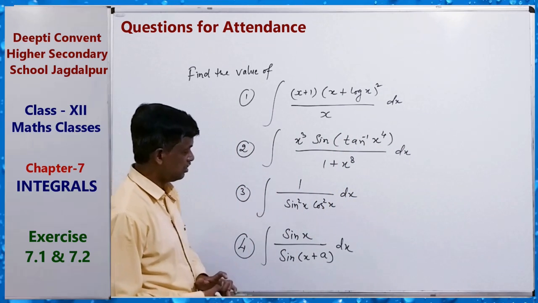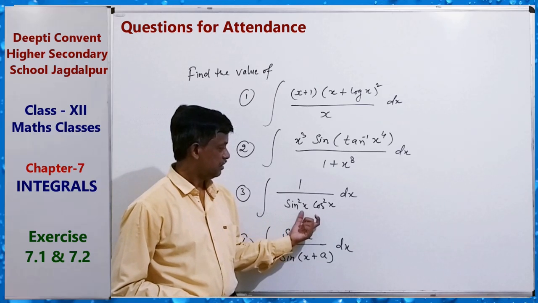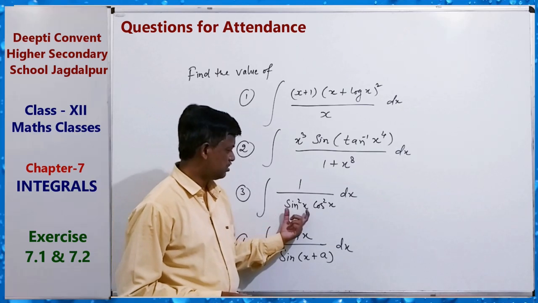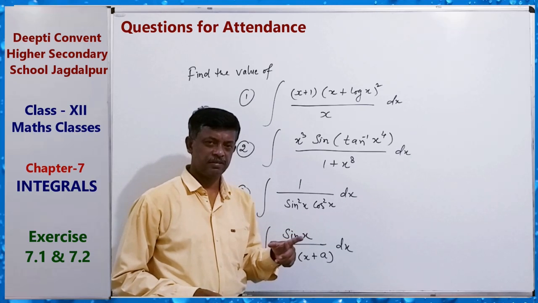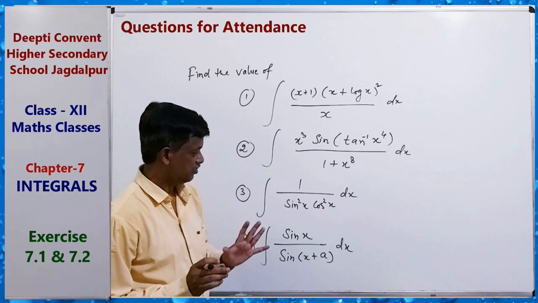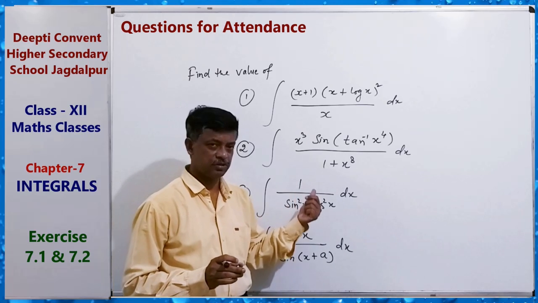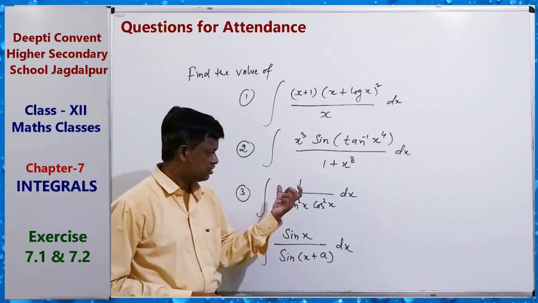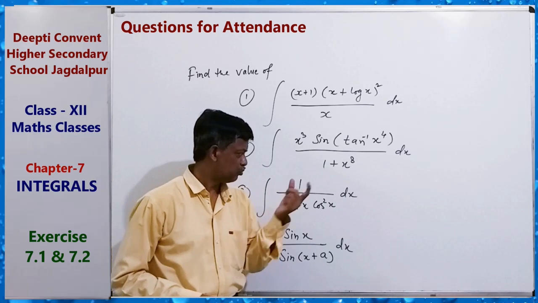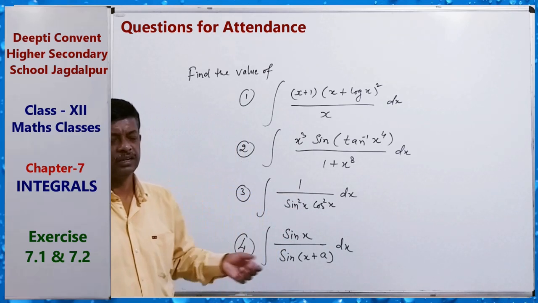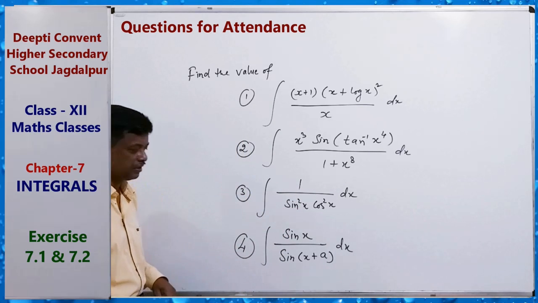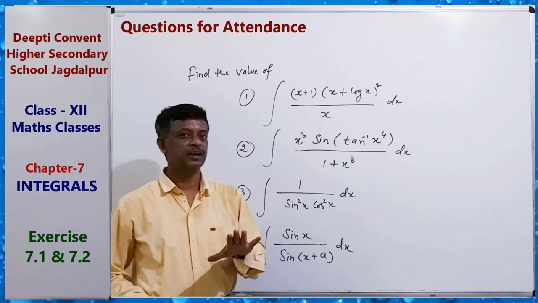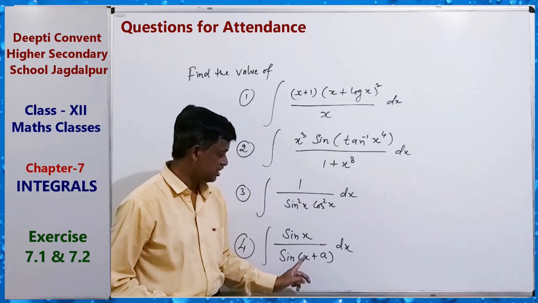Third question, you can try sec square upon sin square, but you cannot convert sin square in terms of some quantity whose derivative is sec square. So here you can try another way. Since sin square plus cos square equals 1, in place of 1 put sin square plus cos square, then distribute and solve. You can solve it by using elementary integrations. Here the substitution will be x plus a equals t.